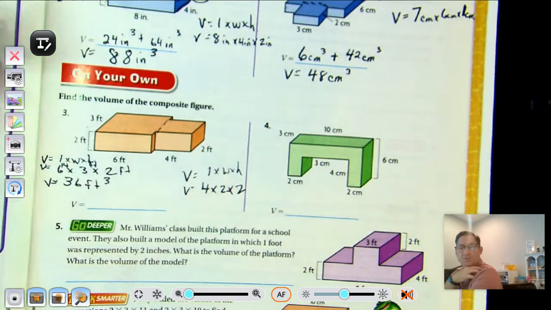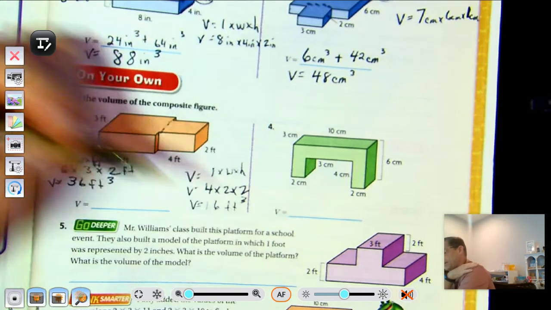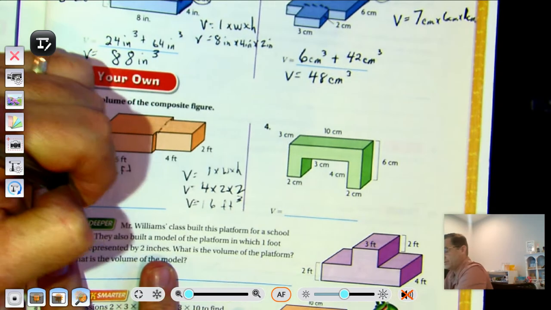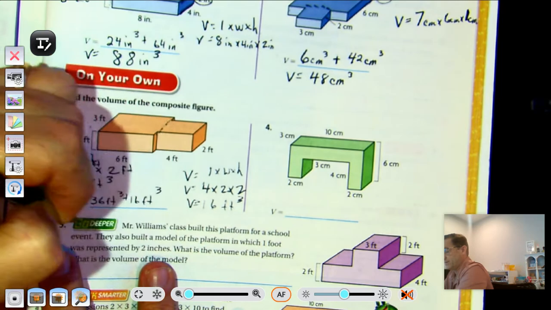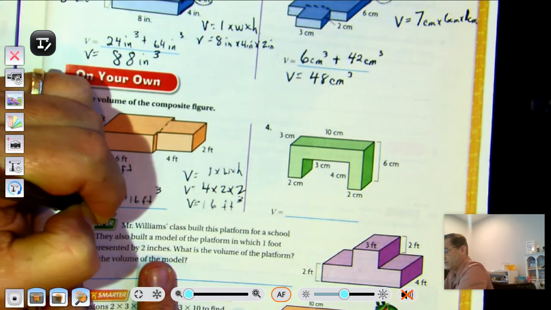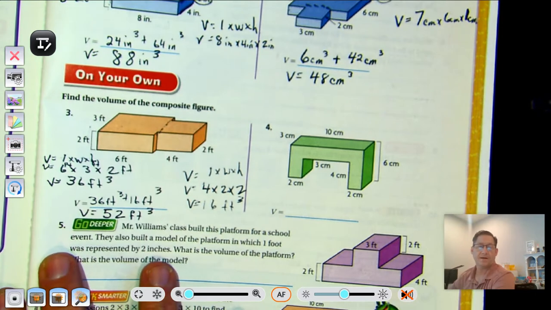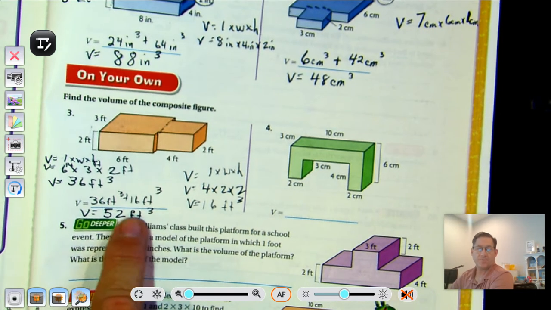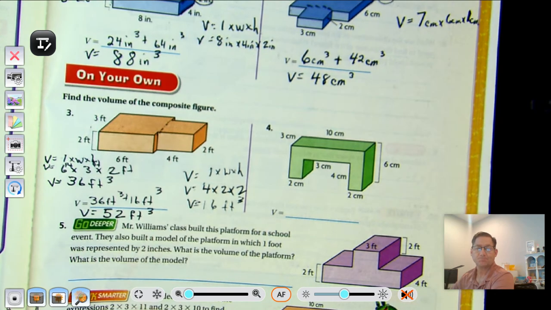All right, well, 2 times 2 is 4, and 4 times 4 is 16, so 16 cubic feet. So 36 cubic feet plus 16 cubic feet gives me a volume of 52 cubic feet. 30 plus 10 is 40. 6 plus 6 is 12. 40 plus 12 is 52.